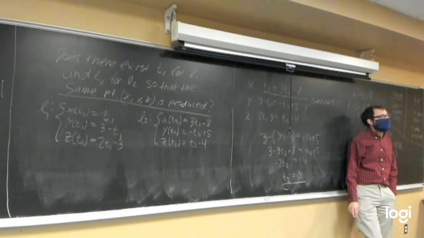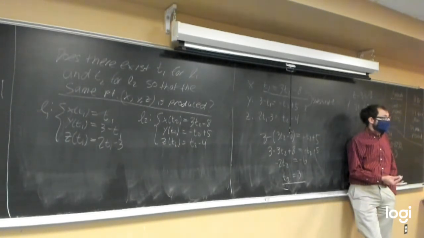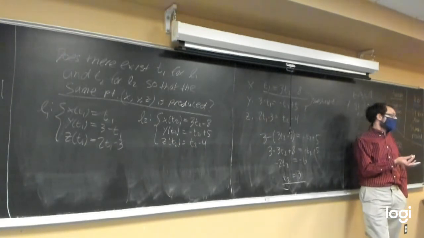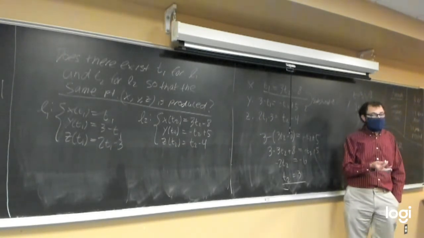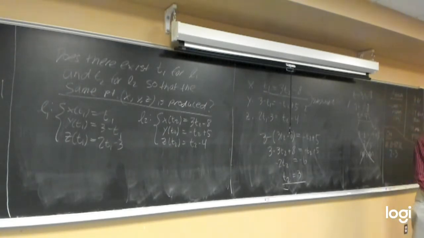Cool, t2 equals 3. Where can we go from here? Plug in 3 to any of the t2s. And for what purpose? Try to find t1. Solve for t1. Have one that you would like to plug it into?